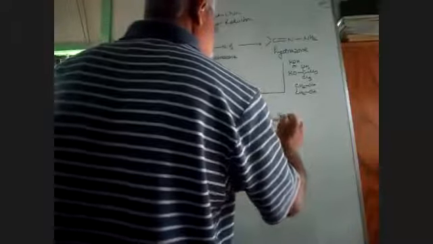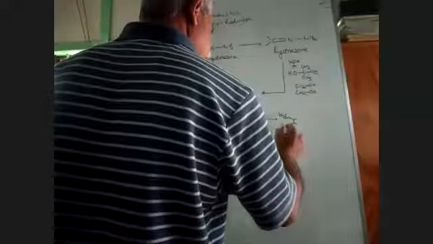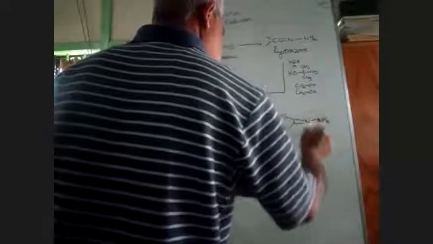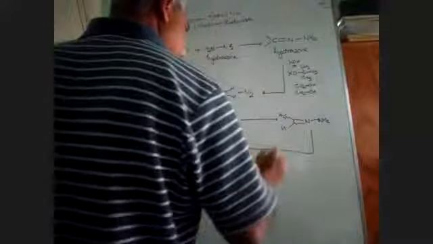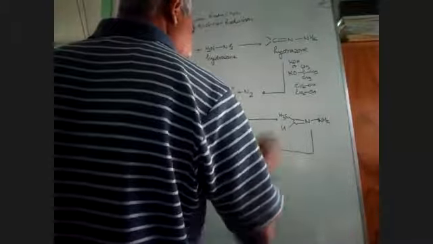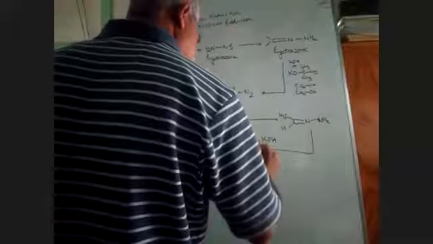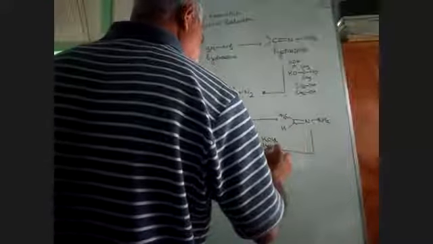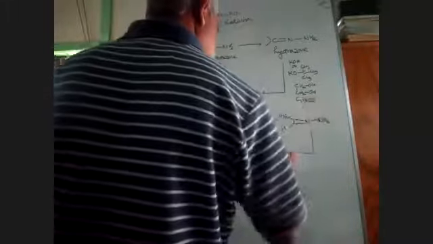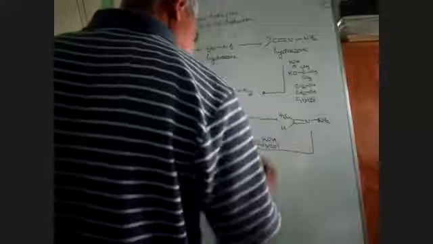So I'll write now here. Here I'll write only KOH. You don't have to write this. I'll write glycol. Write the formula.